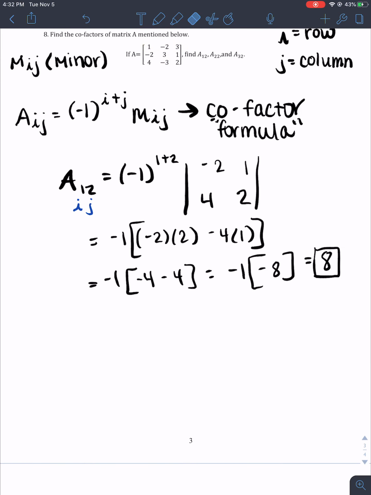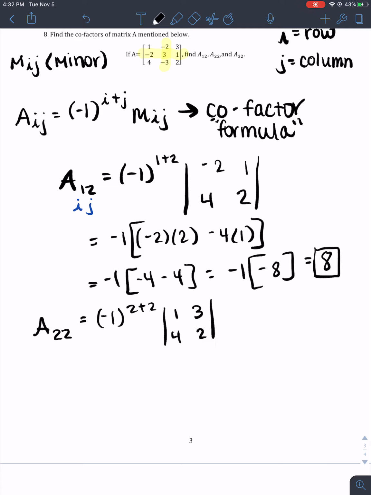And then we are going to do A22. So I'm going to take -1 to the 2 plus 2 power, and then find the 2 by 2 determinant, sorry. So I'm going to get rid of row 2 and column 2. So my matrix is 1, 3, 4, and 2.